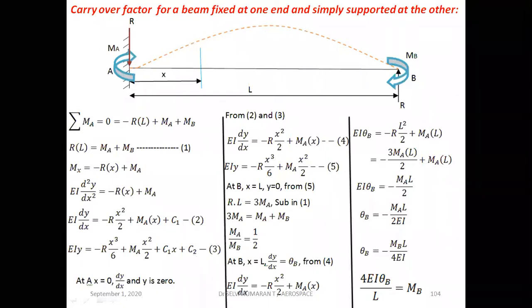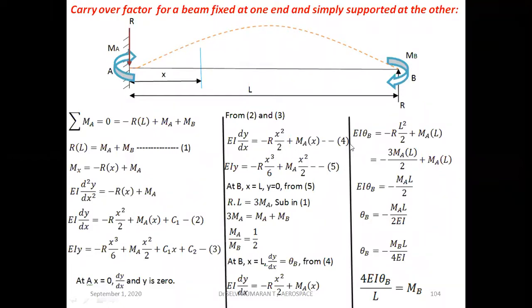Then substitute in equations 2 and 3. So the final slope equation is EI dy by dx is equal to minus Rx square by 2 plus MAx. Equation 4, final slope equation. Then 5 is the final deflection equation: EIy is equal to minus Rx cube by 6 plus MAx square by 2, because C1 and C2 are 0. So these are the two final slope and deflection equations.